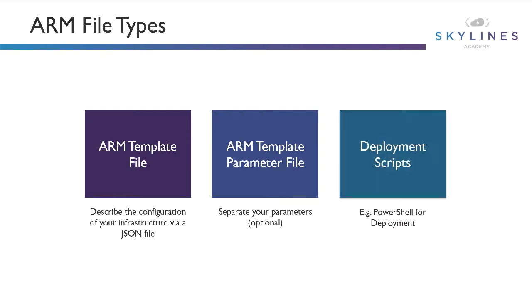Once we have everything together, we can create deployment scripts. And instead of having to go through and manually execute each template and parameter file, we could have a deployment script go through and gather everything and deploy it all at the same time.